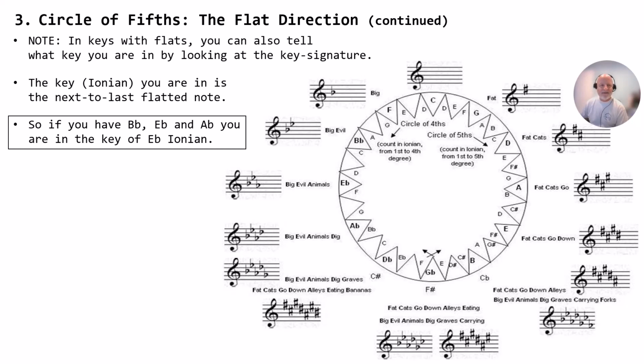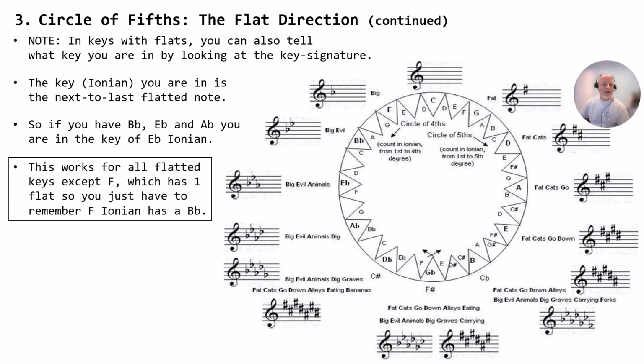B flat, E flat, A flat, what key are you in? You're in the second to last flat. So you are in the key of E flat Ionian, or one of its related modes. This works for all flatted keys except F, because F just has one flat. So you just have to remember F Ionian has one flat, and it's B flat.